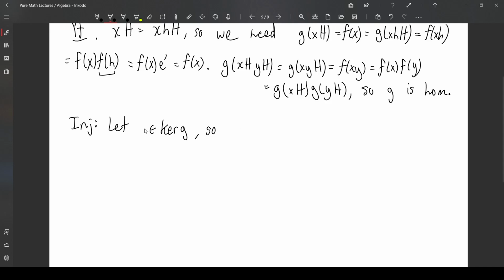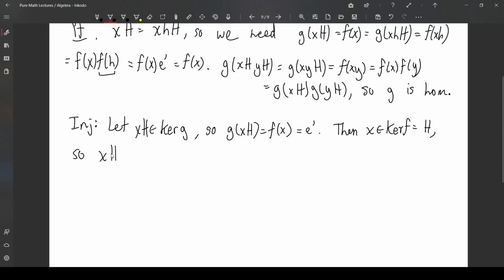I should say the coset xH is in the kernel of g. So g of xH, which equals f of x, is the identity. Then x is in the kernel of f, which is the same thing as H. So xH equals H.